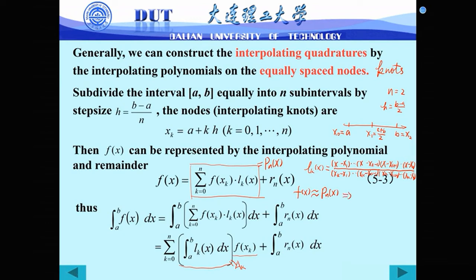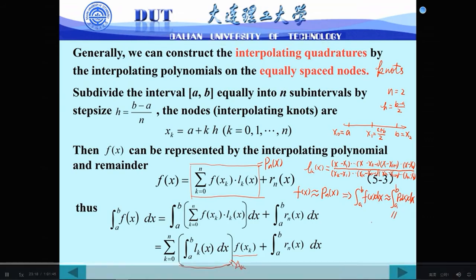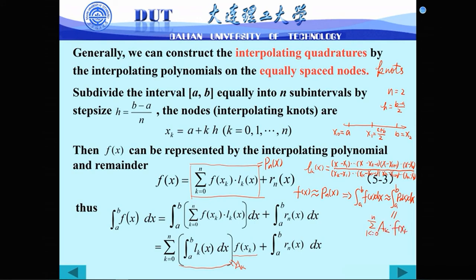Then we can use the integral of the polynomial P_n to approximate the integral of f(x), which is just the summation of A_k multiplied by f(x_k).